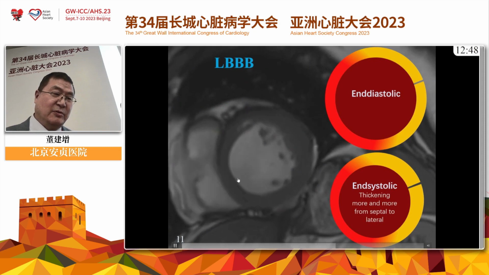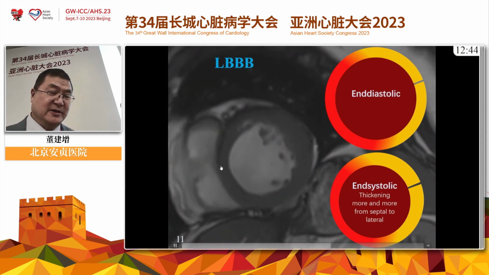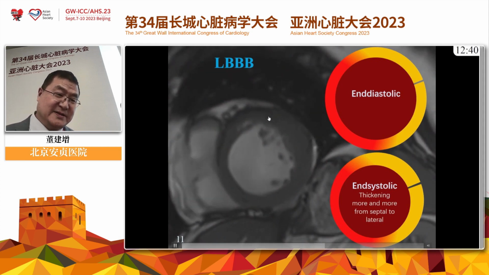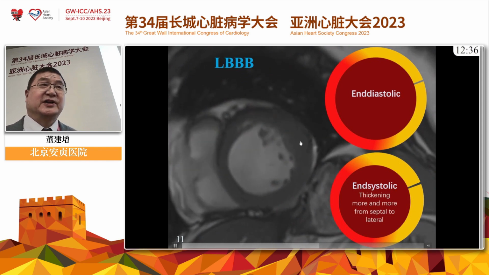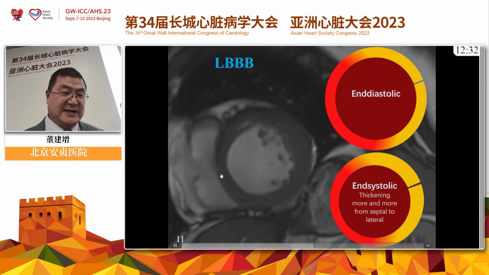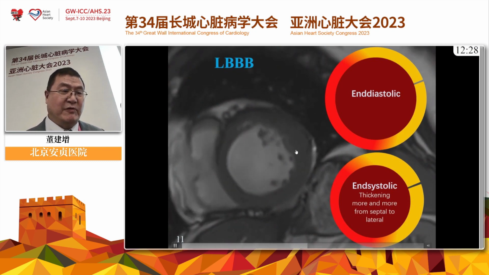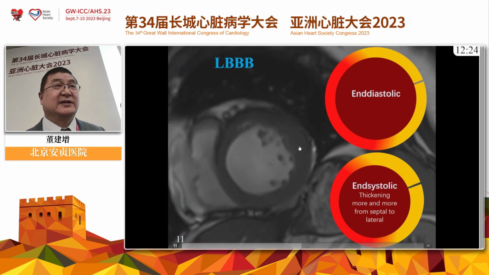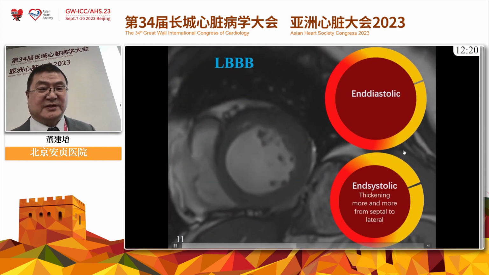The septal wall gets atrophy, with no thickening during systole. But the lateral wall has a good contraction result, and the atrophy is less and less from septal to lateral wall, from the earliest activation site to the latest activation site, as this cartoon demonstrated.